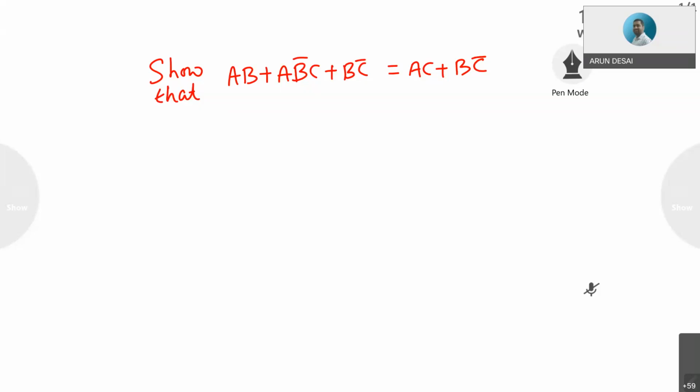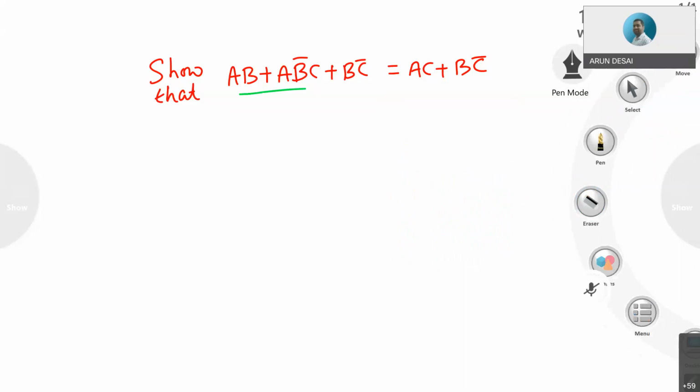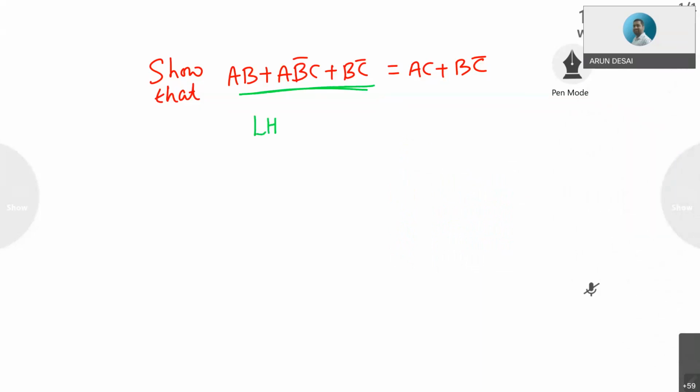Now you find that this left term is larger. So keep LHS for solving: AB plus AB complement C plus B C complement.